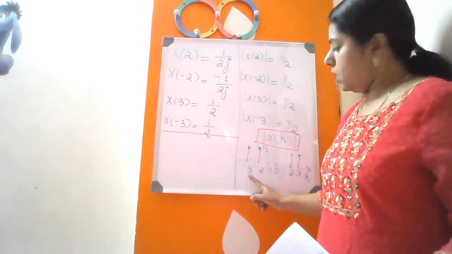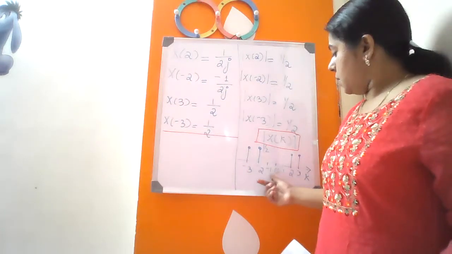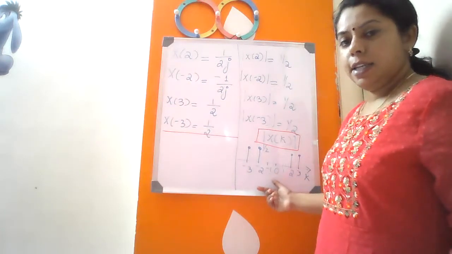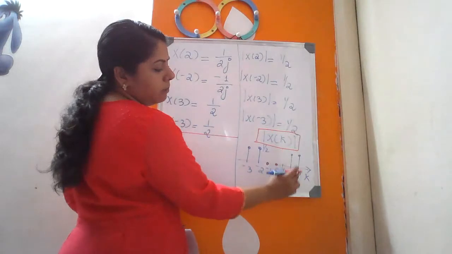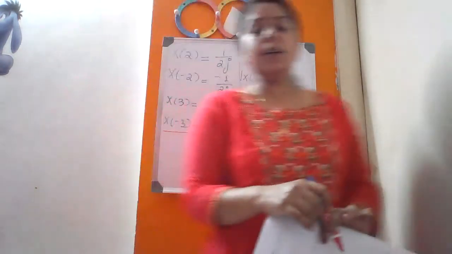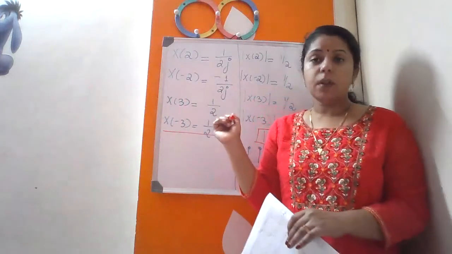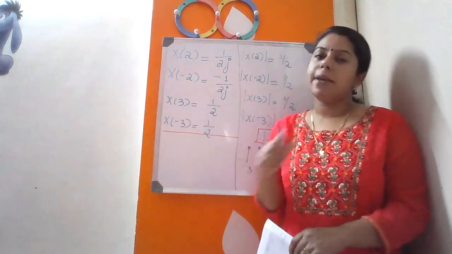So I can plot at minus 3, 1 by 2, minus 2, 1 by 2, minus 1, 0, and at 1 it is 0. Then at 2, again 1 by 2, at 3, 1 by 2. Okay, so we plotted the magnitude spectra. Same way, let us go for the phase spectra.